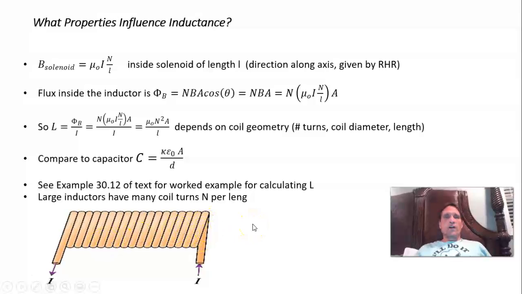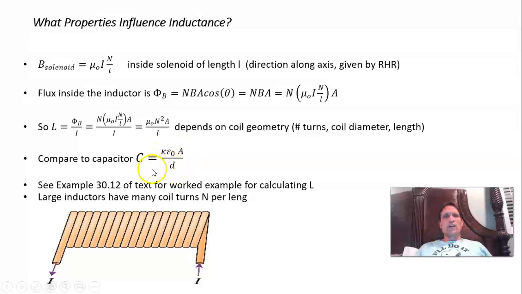And so in other words, this value is fixed when the geometry is fixed, when you decide on the number of turns, the diameter, and the length, okay? And if we compare this, the capacitor also depends on geometry. The capacitance depends on the area of the plates, the separation, and the dielectric constant.